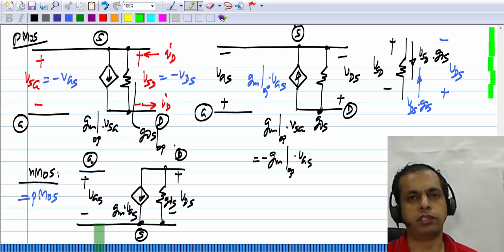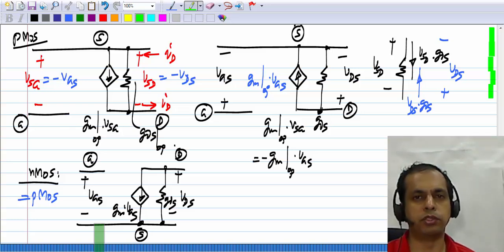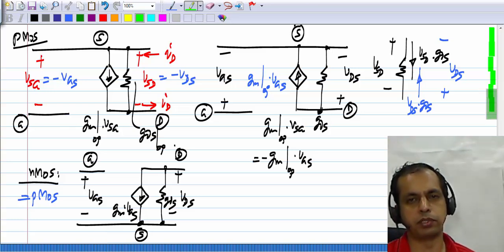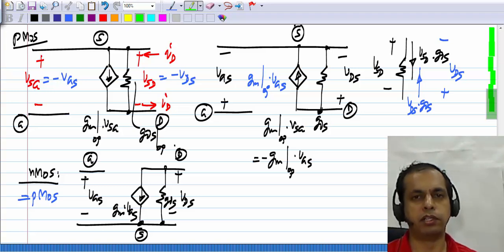Also, when you have a circuit with multiple transistors, you can first synthesize the circuit functionality in the small signal domain without worrying about whether you are going to use NMOS transistor or PMOS transistor in a given place. So you have many transistors or even a single transistor. You can first synthesize the function and later decide which one to use, PMOS or NMOS.